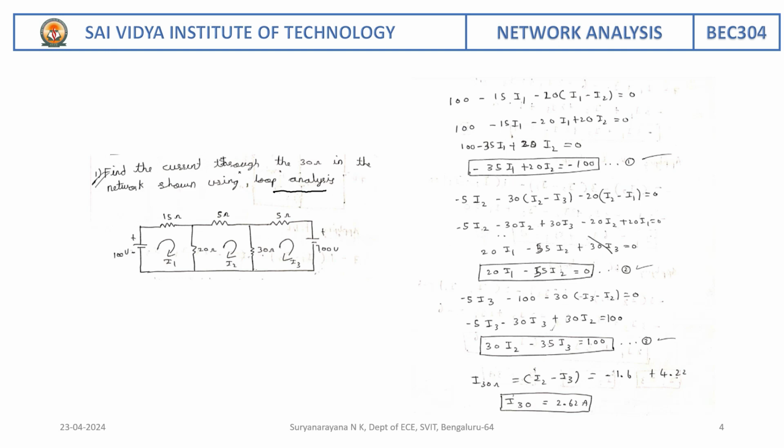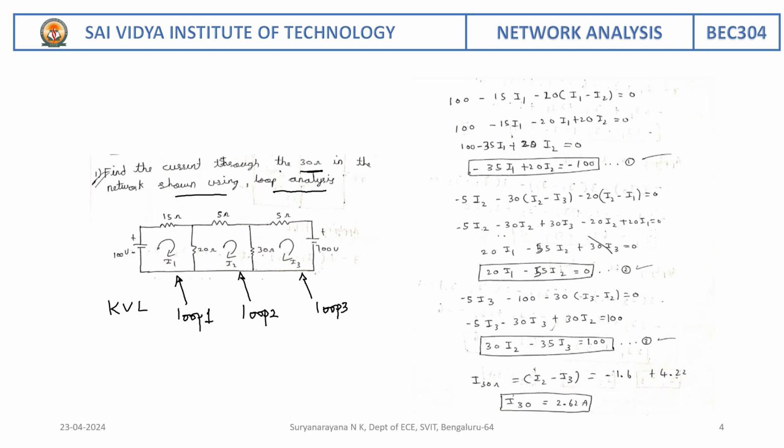Find the current through 30 ohm resistor in the network shown using loop analysis. So here we are using Kirchhoff voltage law in order to write the equation for that is loop 1. So this is loop 1 and this is loop 2 and this is loop 3.